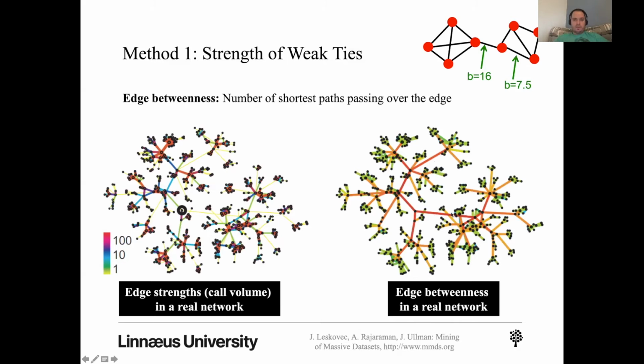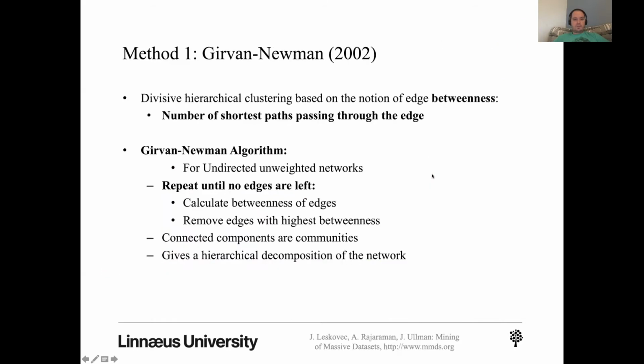We're going to compute that, and then remove the edges with the highest betweenness, and repeat until no edges are left. This is very similar to the hierarchical clustering algorithms that we saw in the clustering lecture, for example the hierarchical algorithm that we saw after k-means.